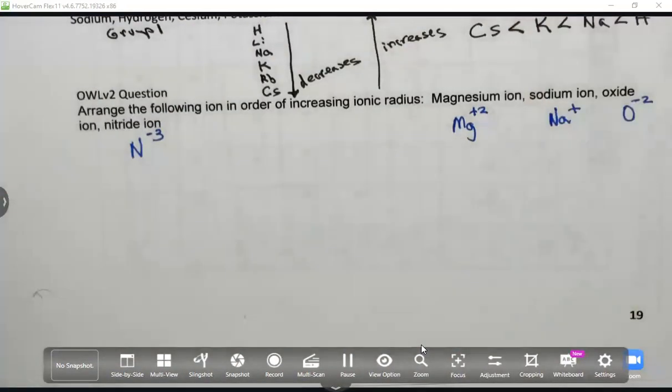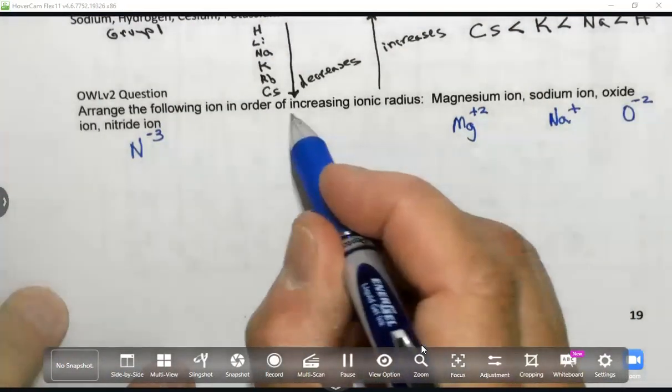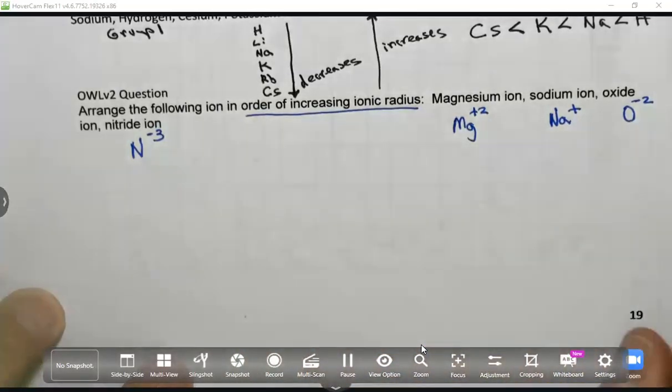It wants us to go in order of increasing atomic radius.